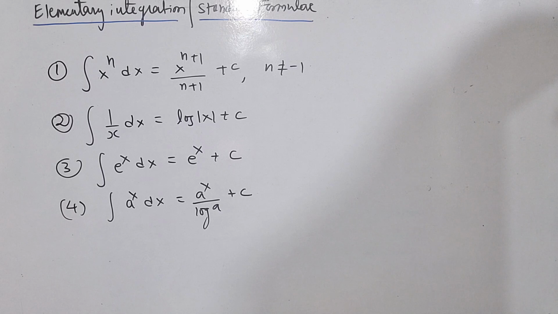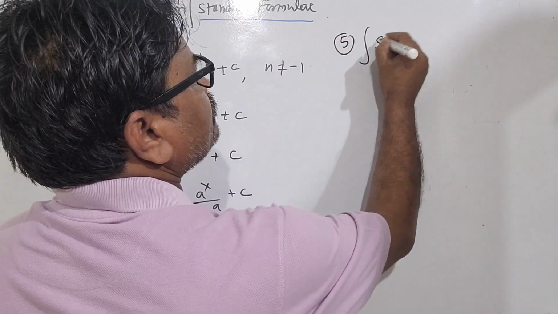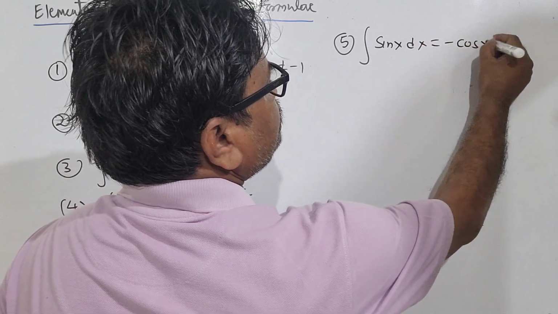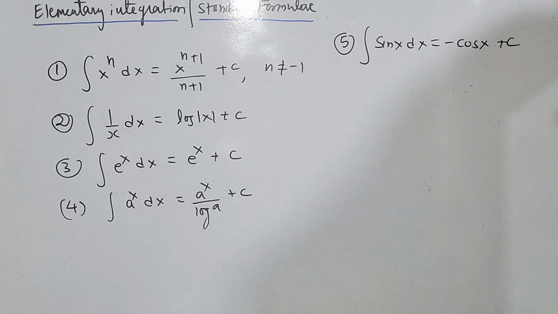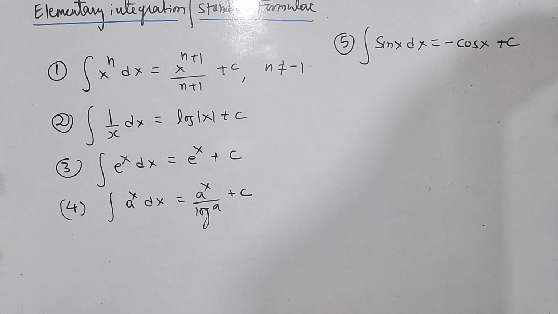Now we will continue to develop some other standard formulas on the basis of our knowledge in differentiation. Okay. So come to the trigonometry now. The fifth one is the integration of sin x dx, that is equal to minus cos x plus c, correct? Why? Because derivative of minus cos x is equal to sin x, correct?